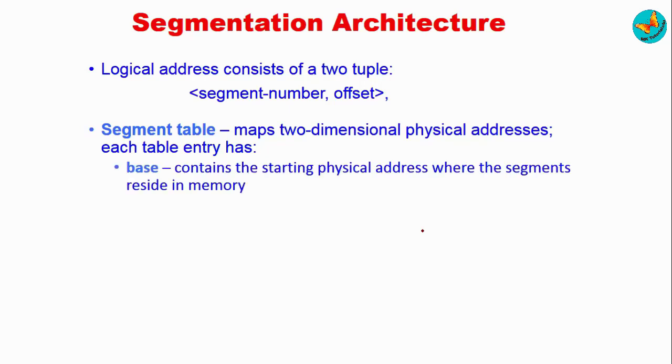First is the base and second is the limit. The base contains the starting physical address where the segment resides in memory. And the second component is the limit, which specifies the length of the segment. So in paging, a page table was implemented, and in segmentation, a segment table is implemented.